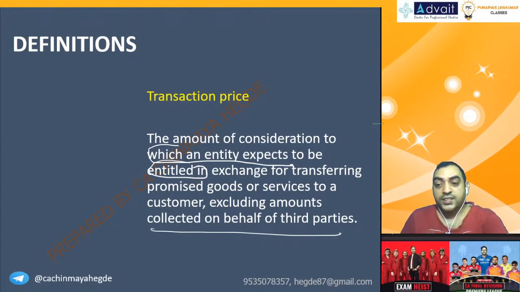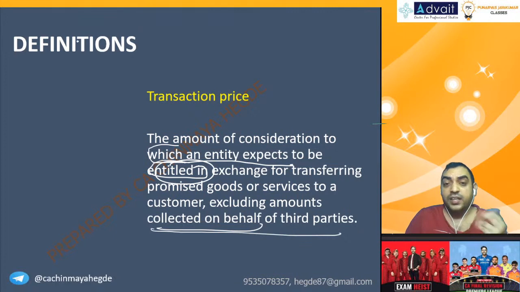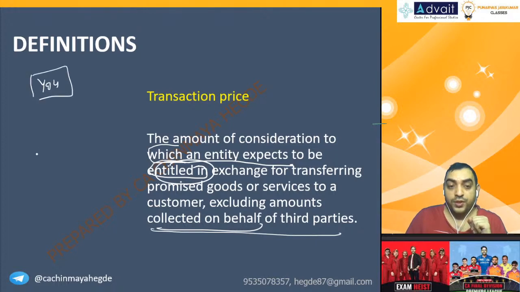Okay, now transaction price: what the entity expects to be entitled to, in their opinion, how much they will receive, and excluding amounts collected on behalf of third parties, meaning an intermediary will not consider it. For example, you order food from a restaurant through the mobile app Swiggy.